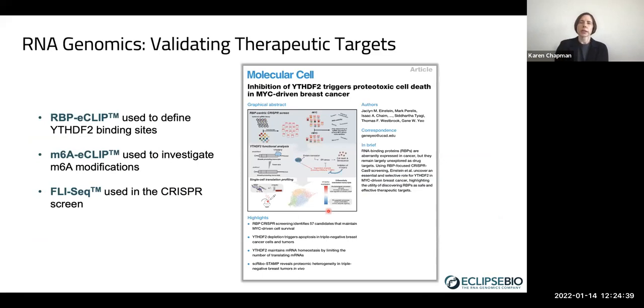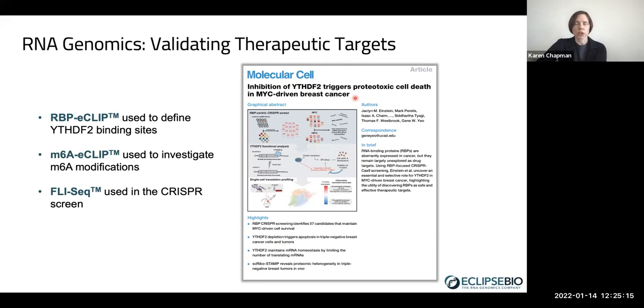So I wanted to give you an example of how these technologies are used in basic biology. And actually, this is sort of a preclinical therapeutics development here. This paper is an example of using a number of these RNA genomics technologies. So what they did here was a CRISPR screen to investigate the function of RNA binding proteins, or RBPs, in MYC-driven breast cancer.